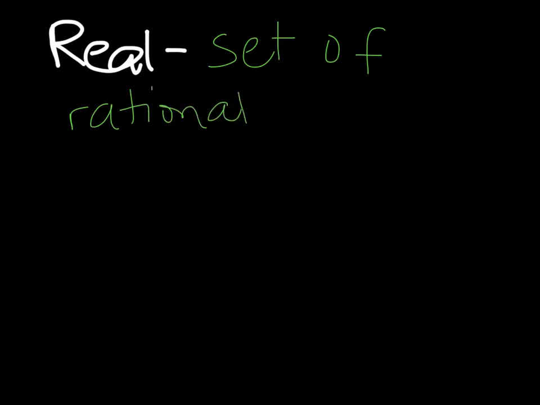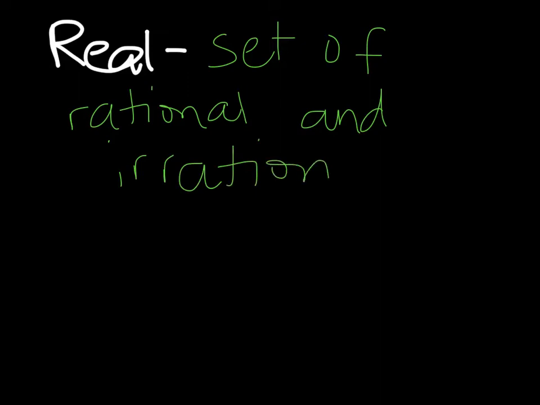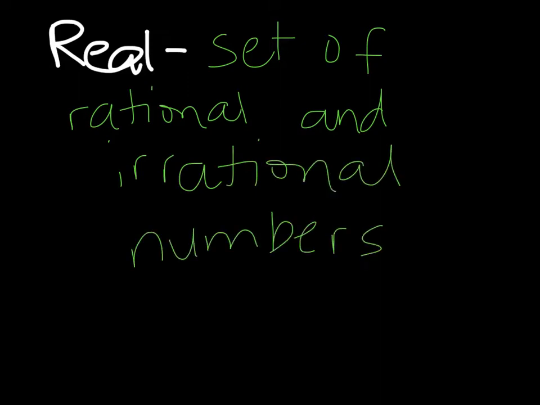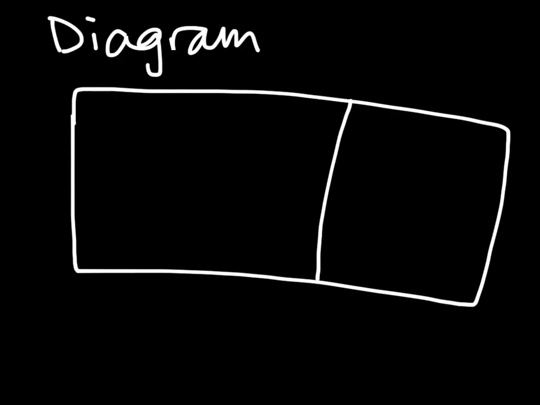All right, when we talk about real numbers, it is just the set of rational and irrational numbers. When you get into high school, you're going to start talking about imaginary numbers, but you don't need to worry about them yet. Okay, so let's make a big diagram. The numbers that we're going to be dealing with are all real numbers.